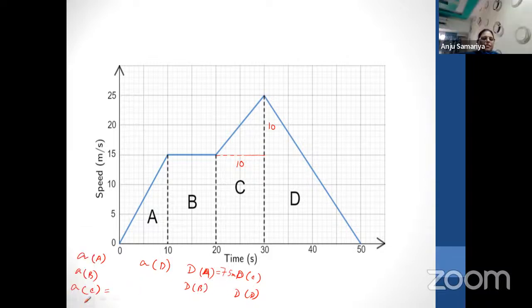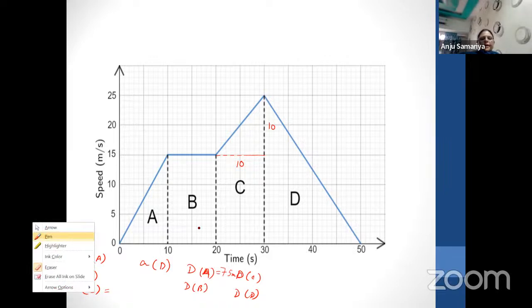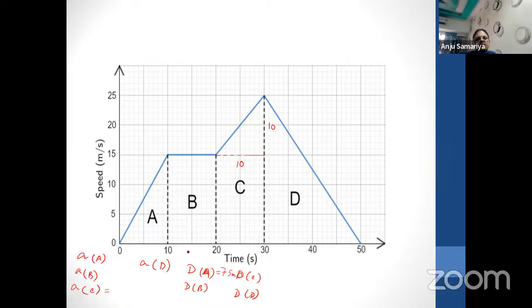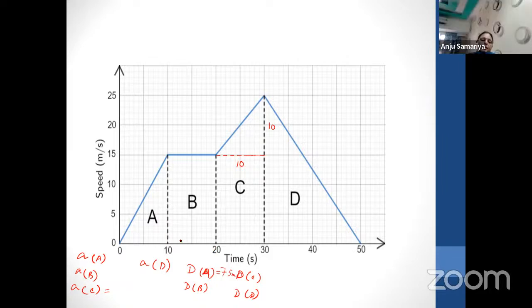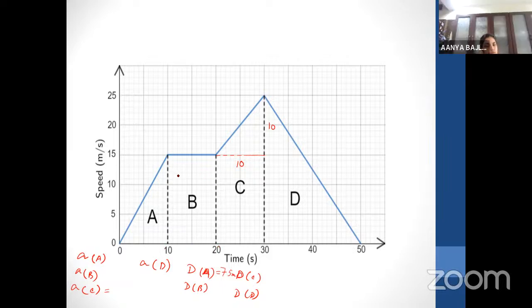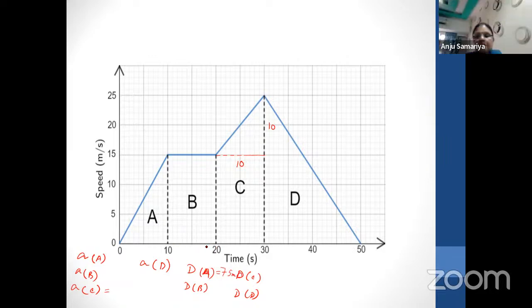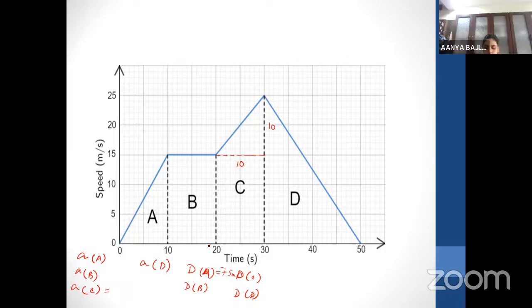Second one, B, will be half into 15 into... oh, it is a rectangle. So it will be 15 into 10, which is 150 meters.